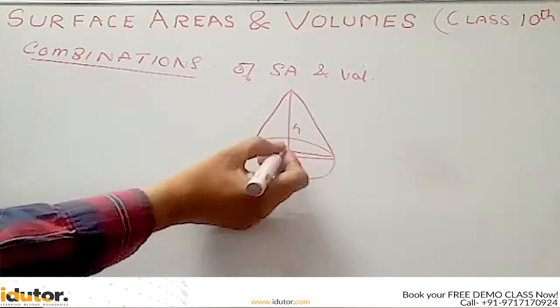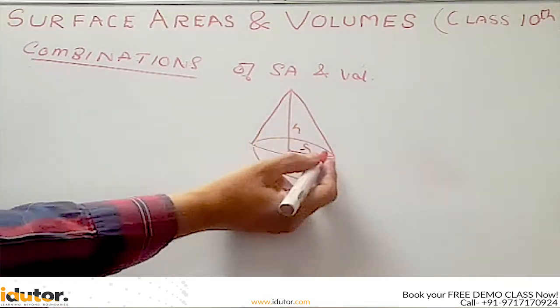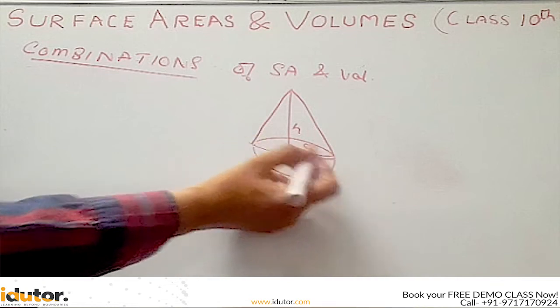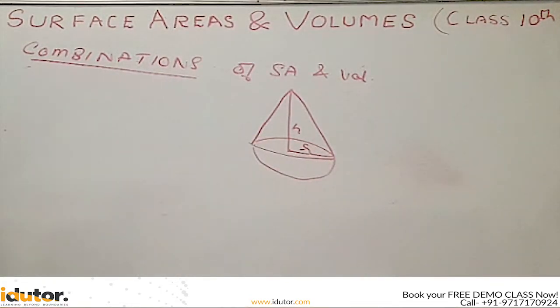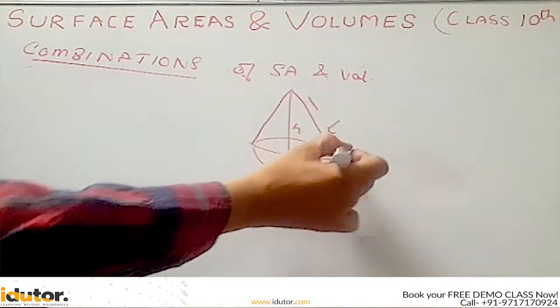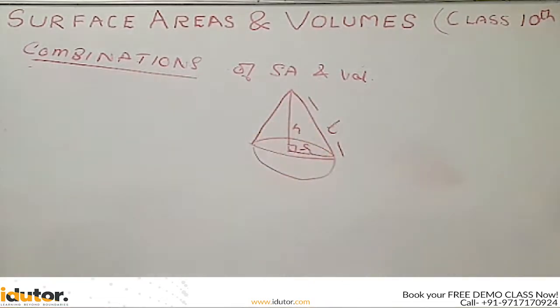This is the height of the cone, and this is the radius of the cone and also of the hemisphere, because both are connected at this circular part. So the radius of both of them will be the same. And here the slant height is l, which, if not given, you can find by the Pythagoras theorem, as I explained in the cone part.